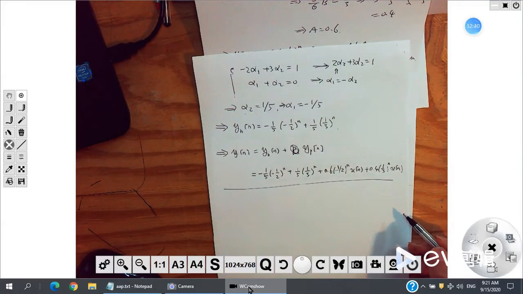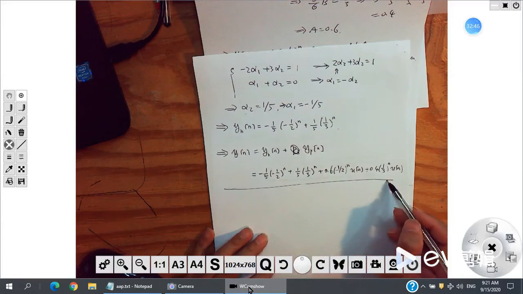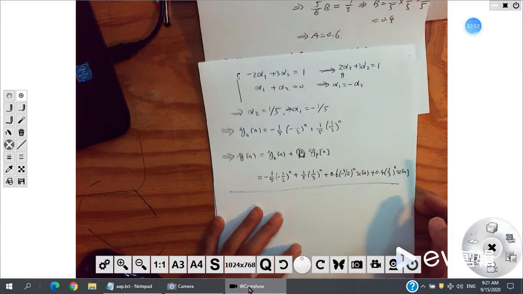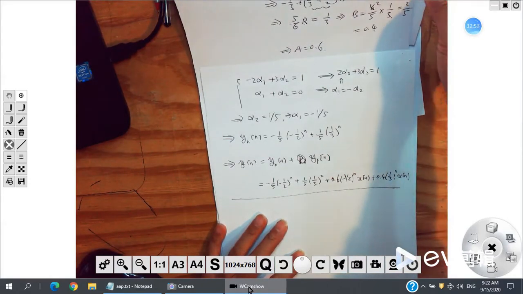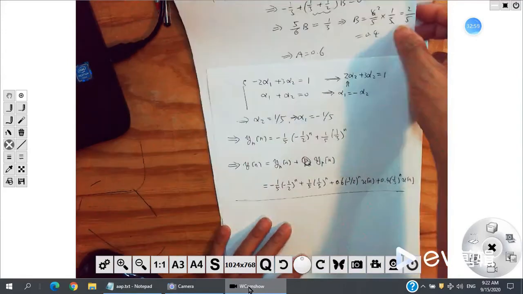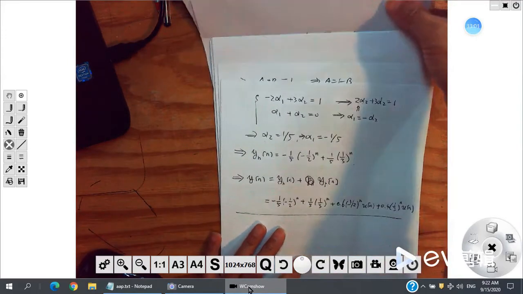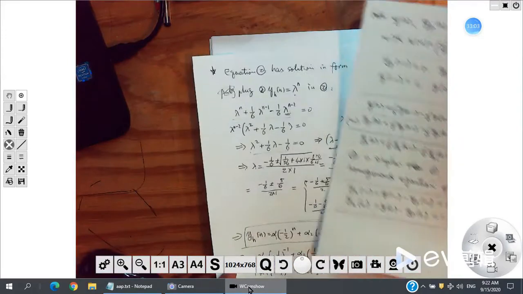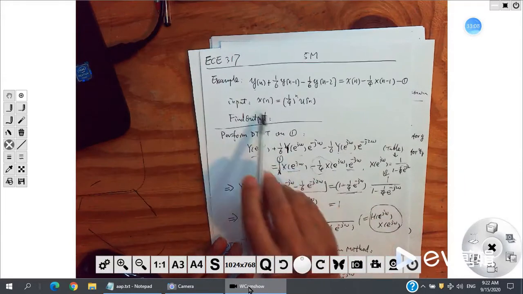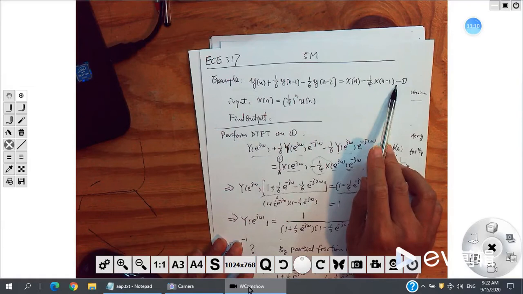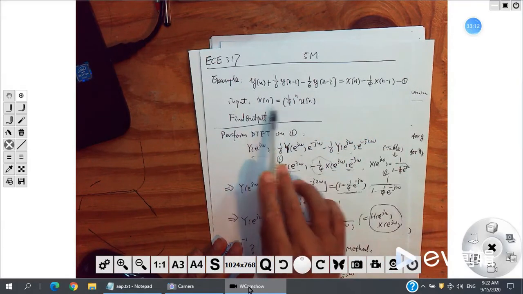You got it? This example gives us the general way to find an output when the initial value is given. If you do not consider the initial value, you can just find the particular solution based on the Fourier transform. We go back to the problem again. This is the system equation and the input.